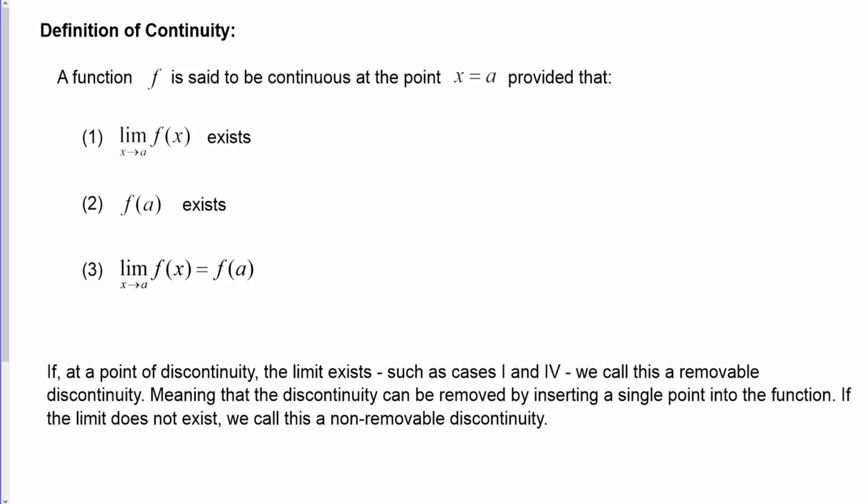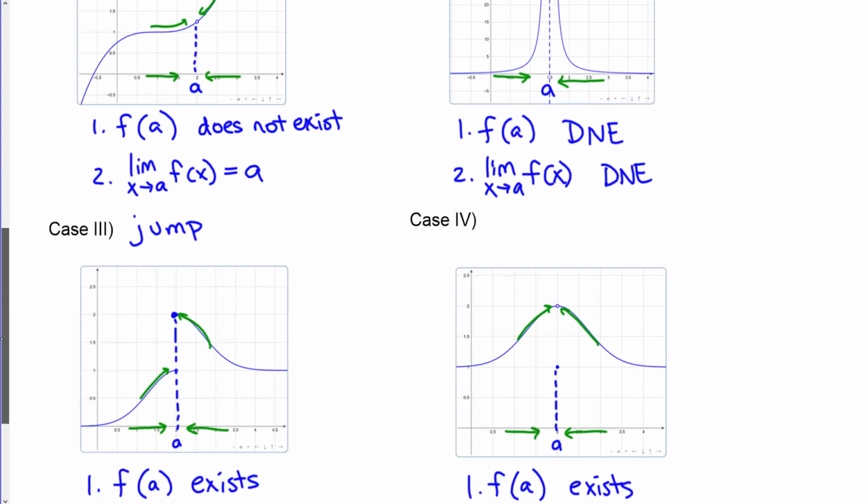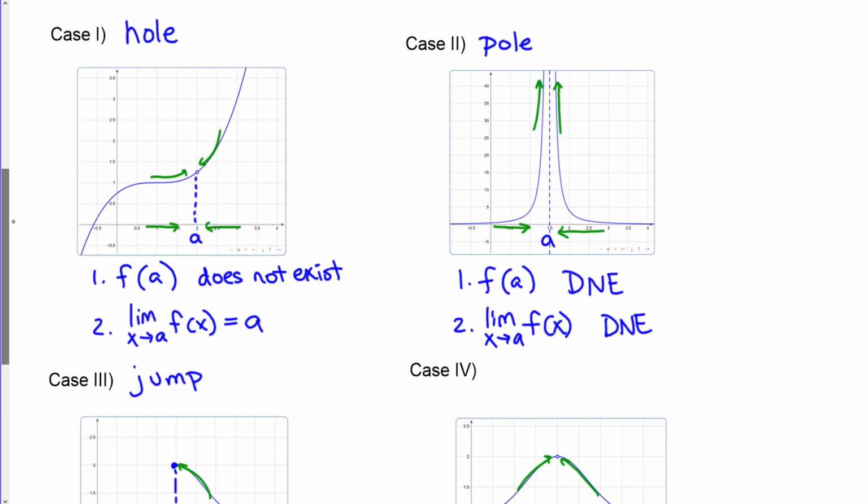So that's how we know that a curve is continuous at a particular point. Another thing to mention here is if at a particular point of discontinuity the limit does exist. So case 1, the limit does exist, but it's discontinuous because the function does not exist there. And in case 4, the limit also existed, but the limit and the function did not agree with one another. But in cases 3 and 2, where we had a jump or an asymptote, the limit did not exist.